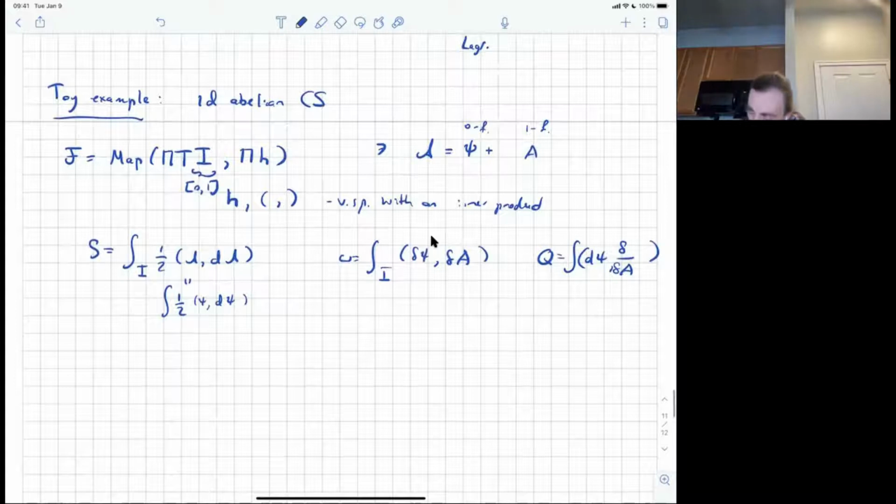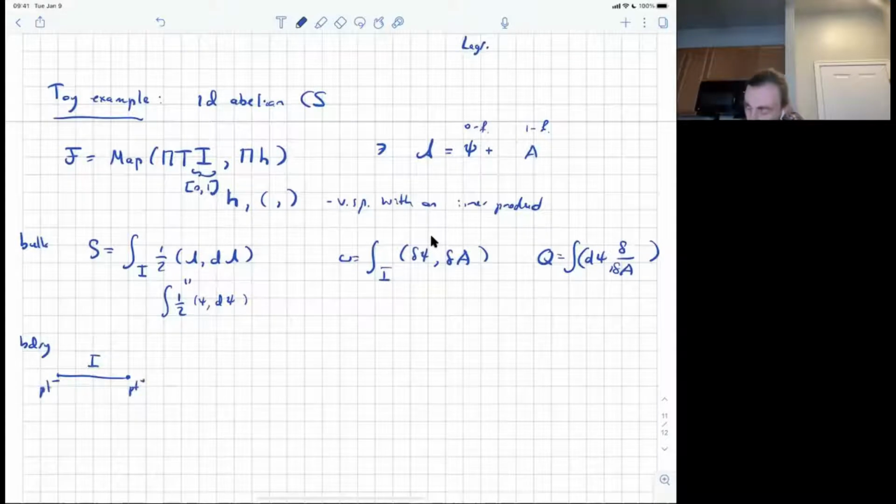So this was the bulk data. The boundary data: I have my interval. It has two boundary points. You could say a point with positive orientation, a point with negative orientation. Let me explain the boundary data for a single boundary point.